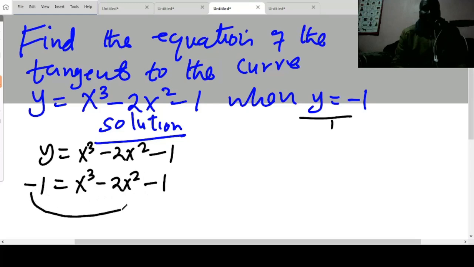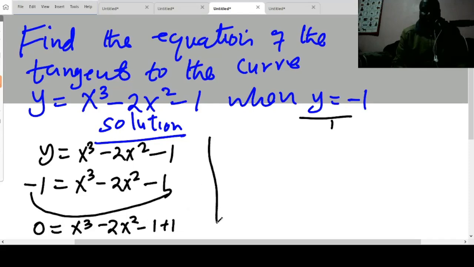So this one comes here and 0 remains here. So 0 is equal to x cubed minus 2x squared minus 1 plus 1. Yes, so negative 1 plus 1 is 0. So we are going to have that x cubed minus 2x squared equal to 0.